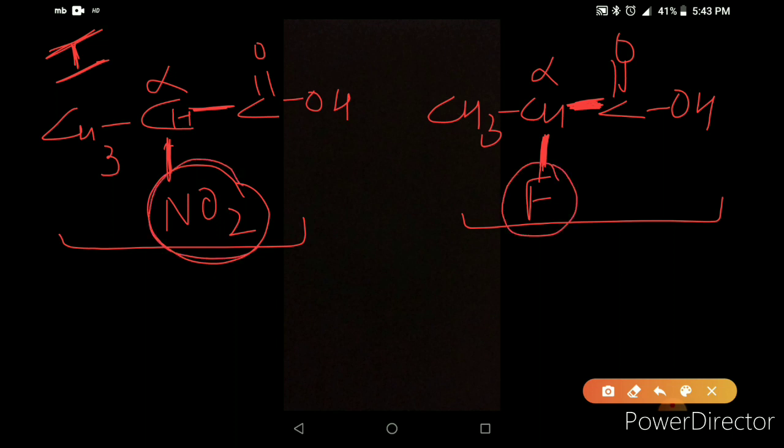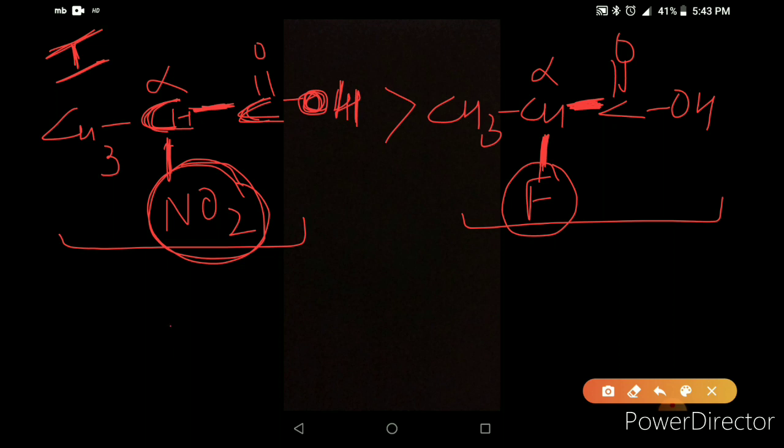So more minus I, more attraction from carbon, more attraction from the next carbon, more attraction of electron from oxygen, hence H will be more easily lost as H plus in case number 1. So nitro alpha carboxylic acid is more acidic than fluoro alpha carboxylic acid.